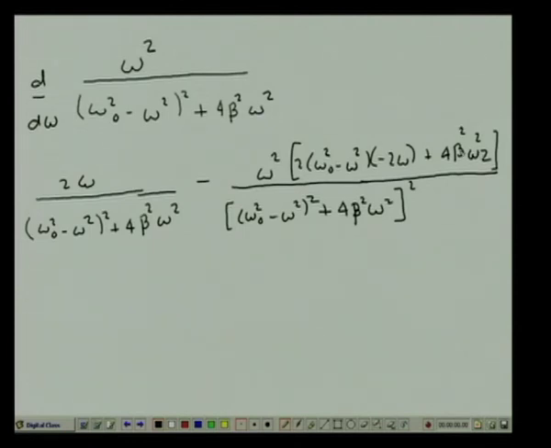So, let me now combine both of these terms. I can take a factor of 2 omega.